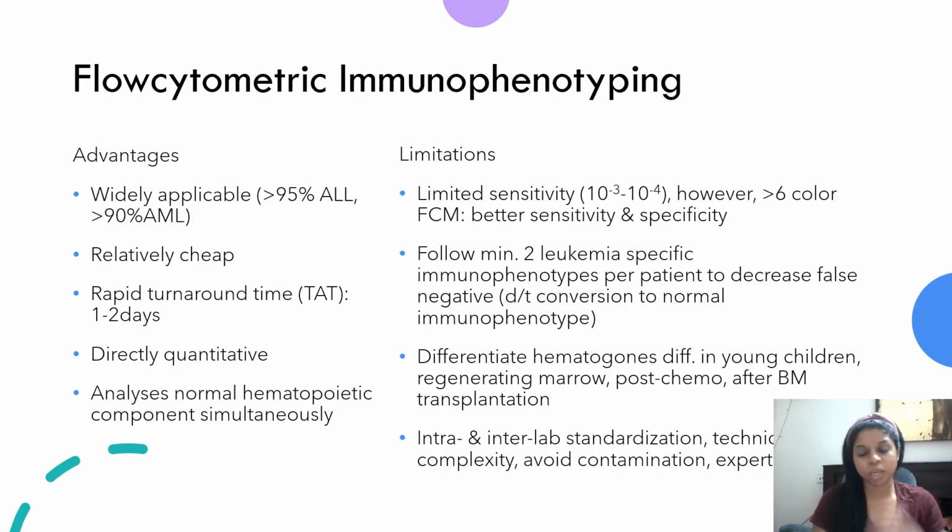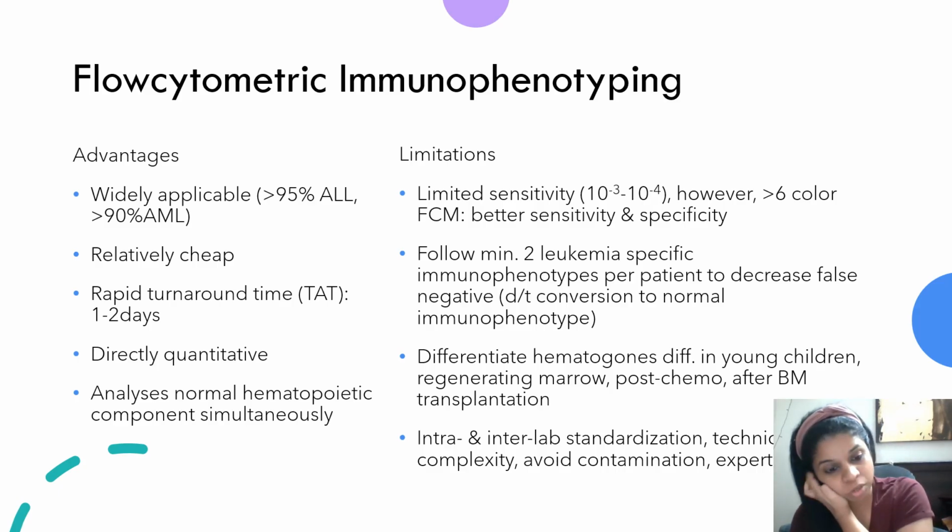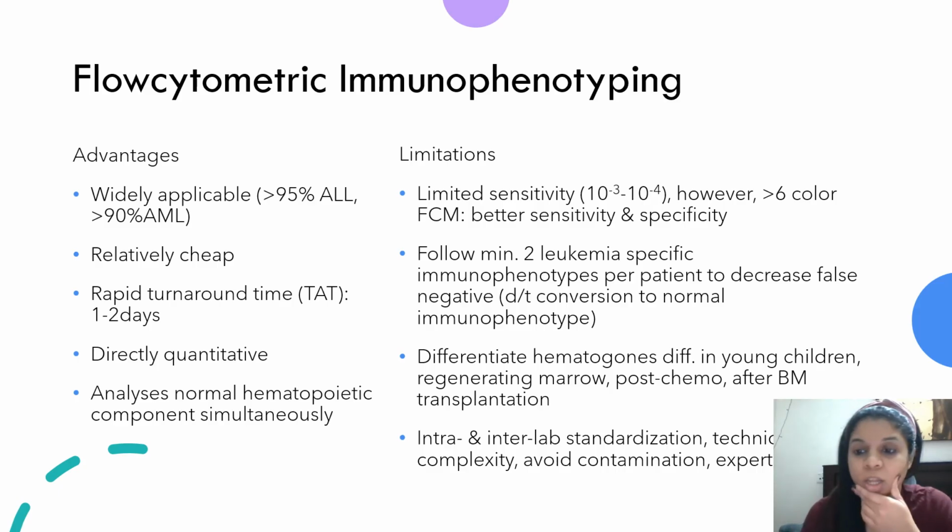Okay, in some cases there will sometimes be conversion to the normal immunophenotype. So you can see aberrant expression, like I said, in myeloid precursors, if you are seeing lymphoid markers like 19 or 5, 7, etc. That is one of the aberrant phenotypes we are taking.